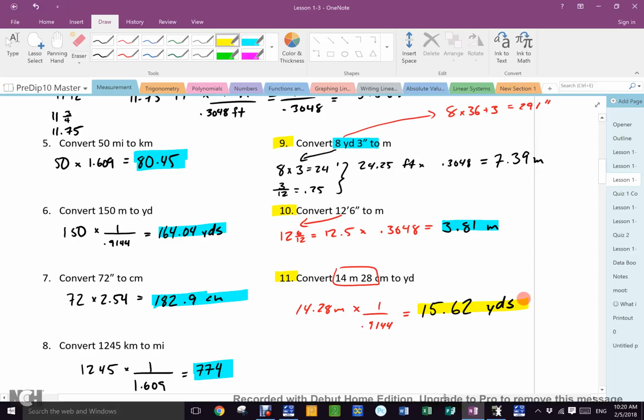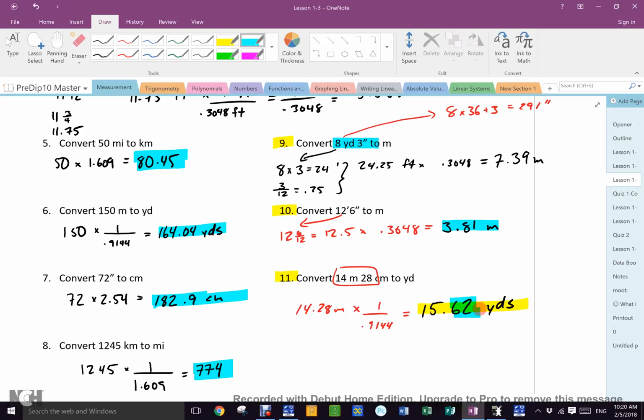Is this the level 4 answer for this question? No. Technically, no. What is it really? What should I do with that part of it if I want to be absolutely perfect? I should break it down into at least feet, yes? Everyone agree?